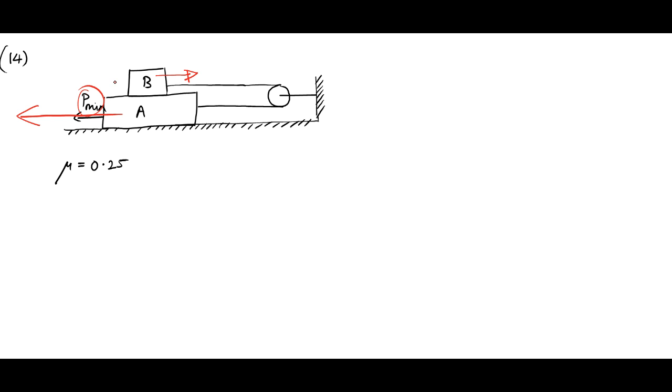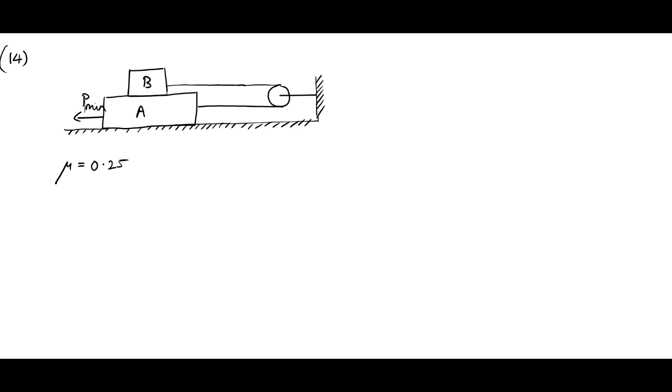Another thing to note is, even in the reference frame of A, so I attach a reference frame to A like that, X and Y axis I'm showing here, even to such an observer, B will still appear to be moving towards the right, because B is essentially going to reach at some stage this particular position. It's trying to go towards the right end of block A, and we want to find the minimum magnitude of P which will do the job.